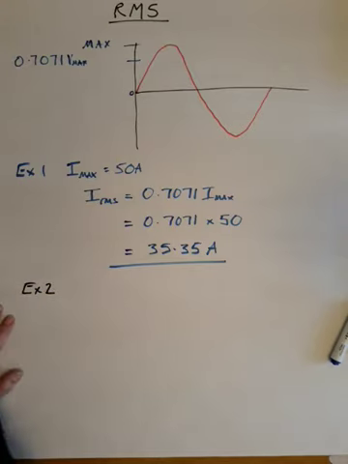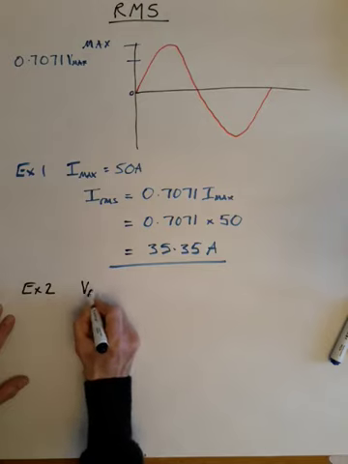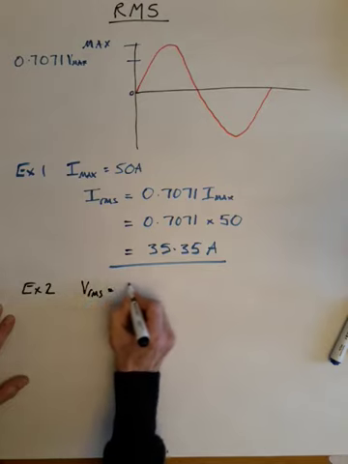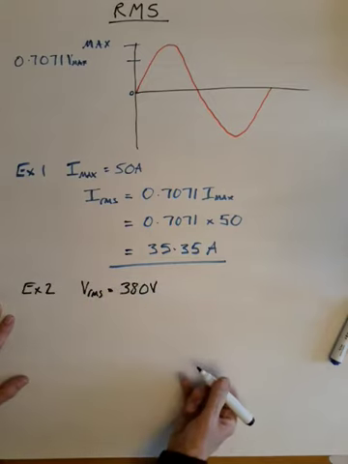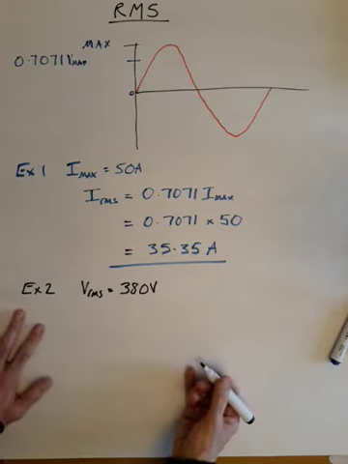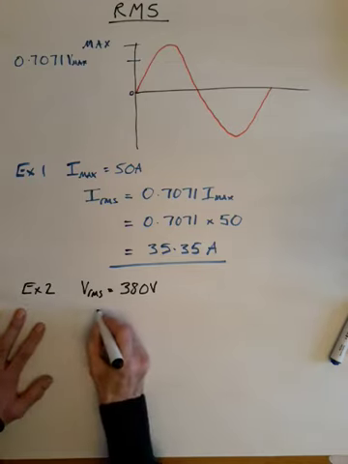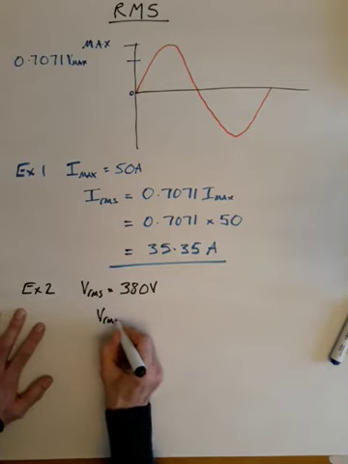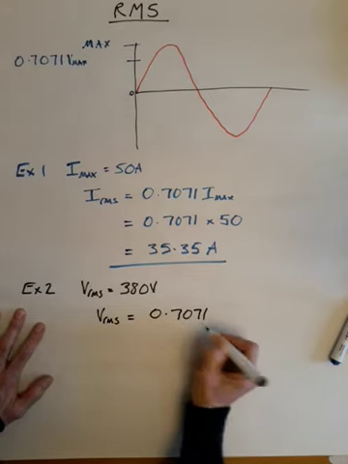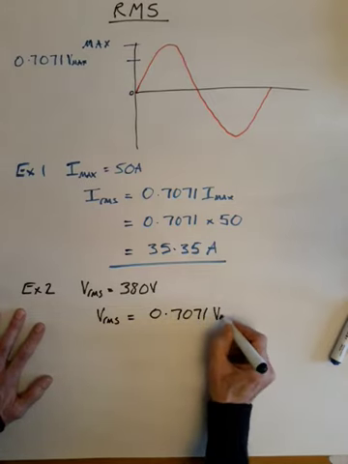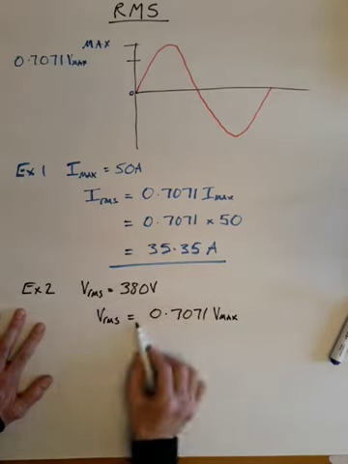Let me do a second example. In the second example, we're going to deal with voltage. So the RMS is 380 volts, and you've got to find the maximum. So write your formula. The RMS is 0.7071 V max, and it's V max that we have to find, so this is going to be transposed.